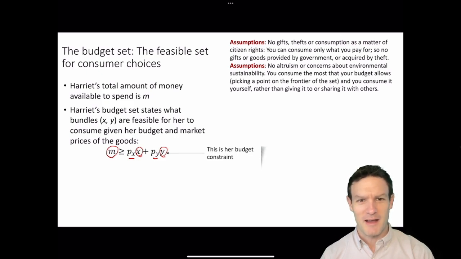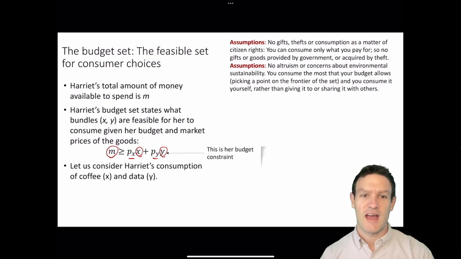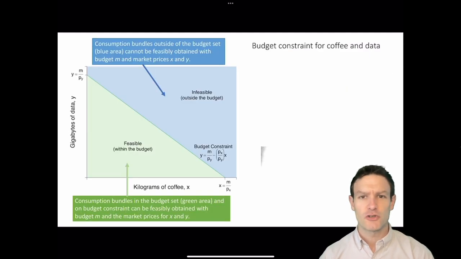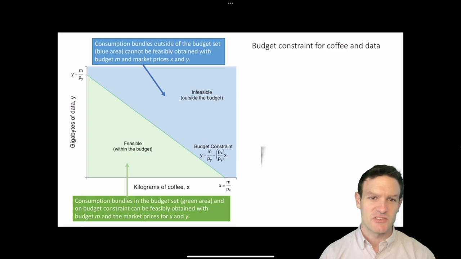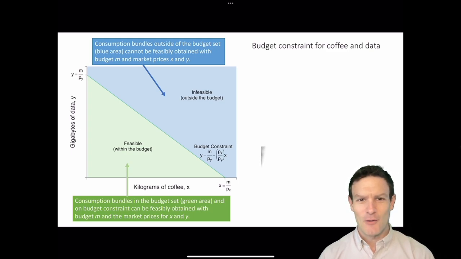Okay, so with those in mind, we're now going to consider Harriet's consumption of coffee and data on some axes. We're going to think about what's feasible for her to do. Let's look at a figure like this. Here we have on the x-axis kilograms of coffee, and on the y-axis gigabytes of data. Now, for the budget constraint, we had the budget being M equals PyY plus PxX.